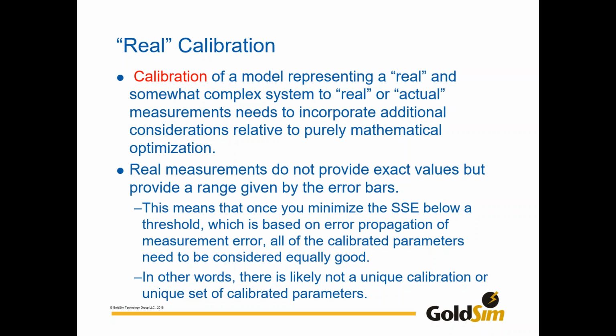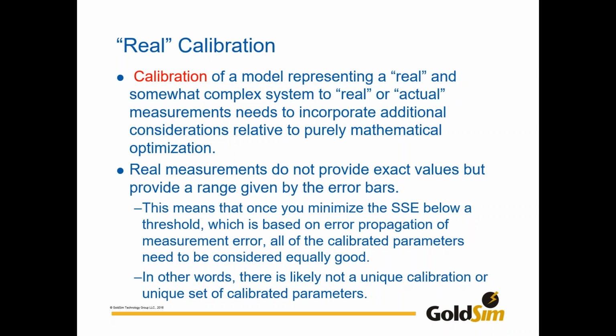So if we arbitrarily set our sum of squared error threshold in that example model we saw, we could set it to like 40, 41, something like that. Okay, and then we'd say all of those values of the parameters we were calibrating that provide sum of squared errors below 41 we're considering calibrated.